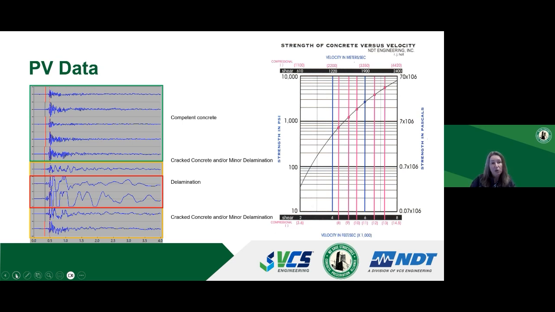As you can see here, delaminations and cracked areas are distinctly different from sound concrete, and we can easily identify them during the testing. The plot on the right side of the graph shows the relationship between the wave velocity and the dynamic compressive strength.